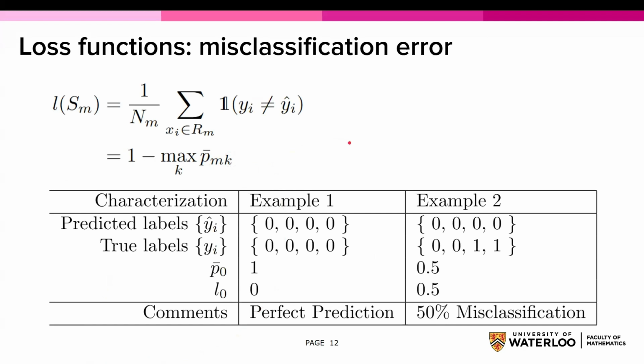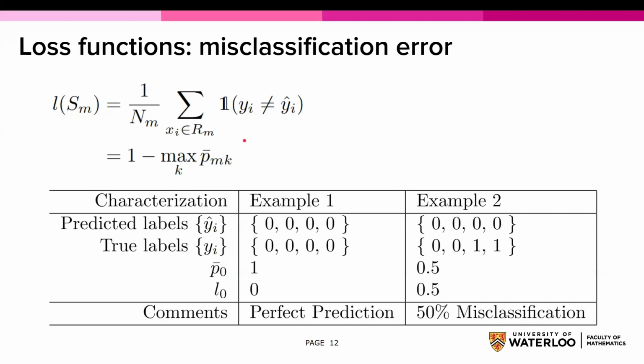To learn a decision tree, we need to define a loss function that tells us how good or bad each split is. One straightforward option is the misclassification error, which measures how often the model's predicted labels differ from the true labels. The misclassification error is simply the fraction of points within a region where the predicted label does not match the actual label. In other words, it's a way of capturing how many mistakes we're making within that specific region.